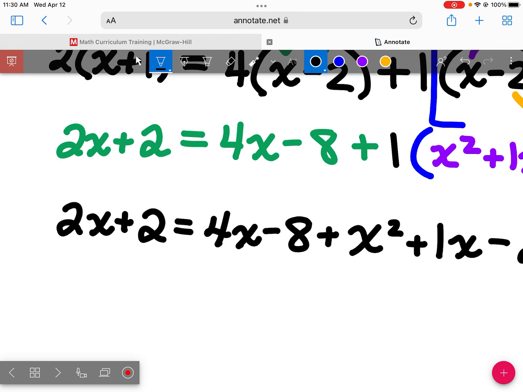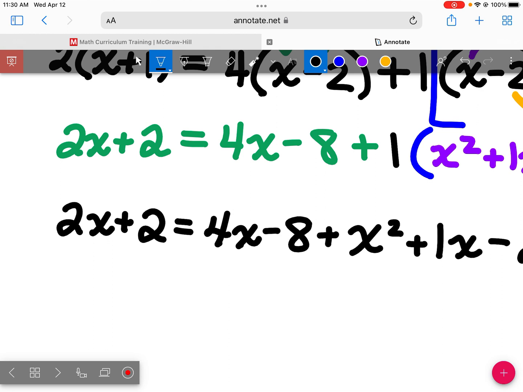Look at the right side of the equal sign. Are there any like terms on that side of the equal sign to combine together? No. Just on that side. Can I combine those? Are they like terms? No. What about on this side of the equal sign?